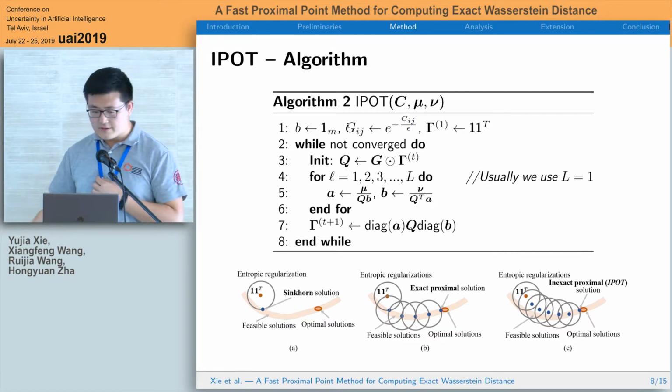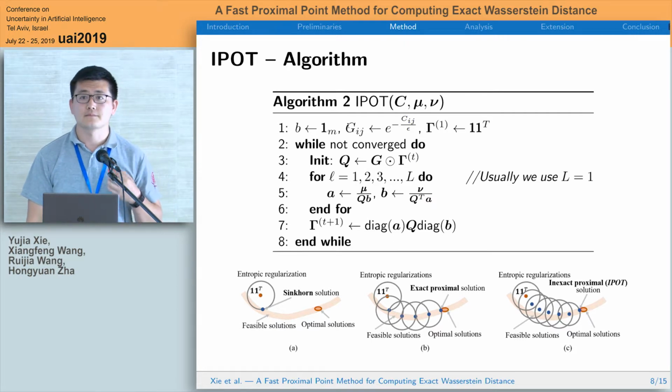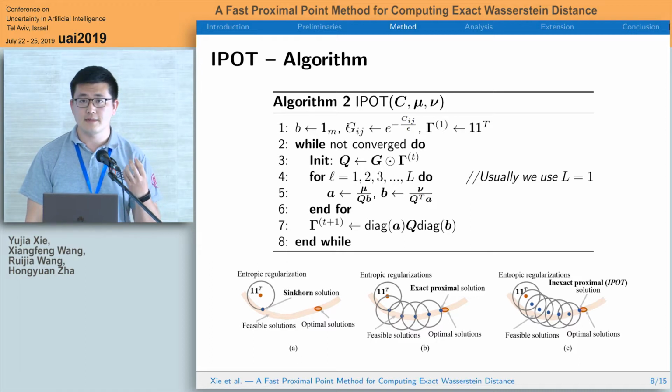From the figures, the first figure shows that if we just use the Sinkhorn algorithm to solve the problem, we usually get an approximate solution, not the exact solution.